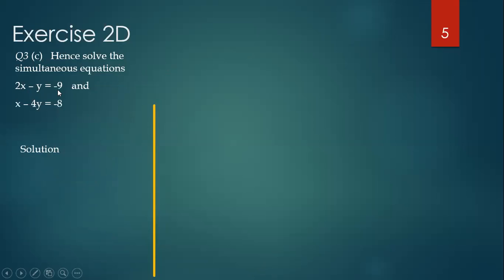2x minus y equals minus 9, and x minus 4y equals minus 8. Remember, these two equations were already solved in the previous two parts.